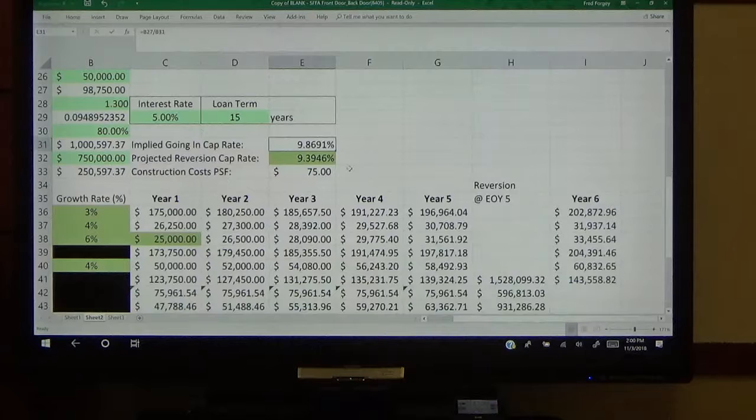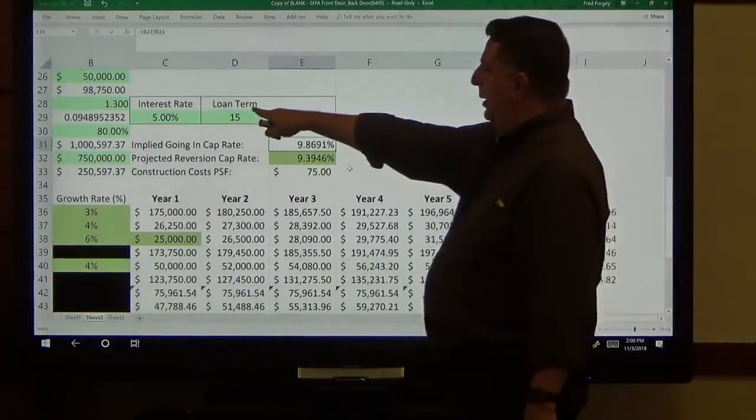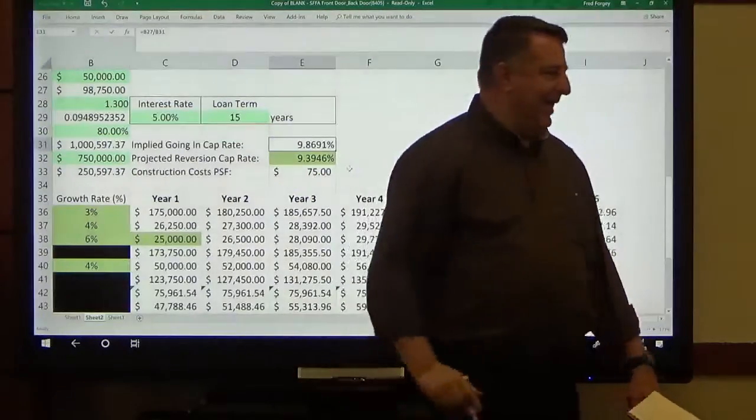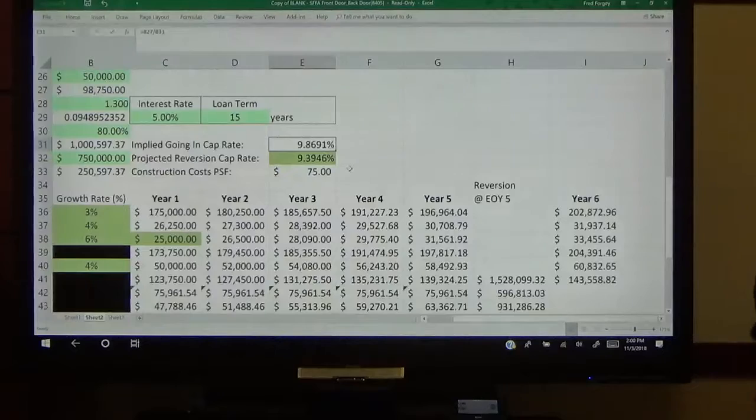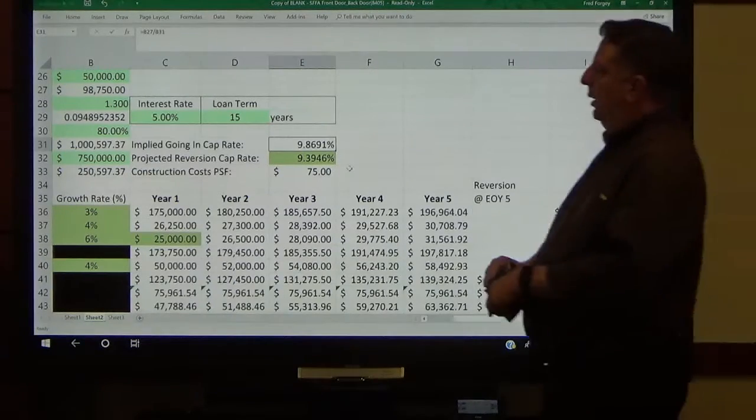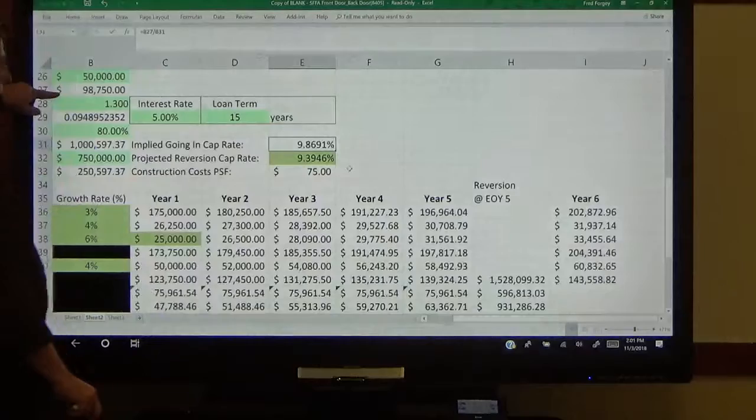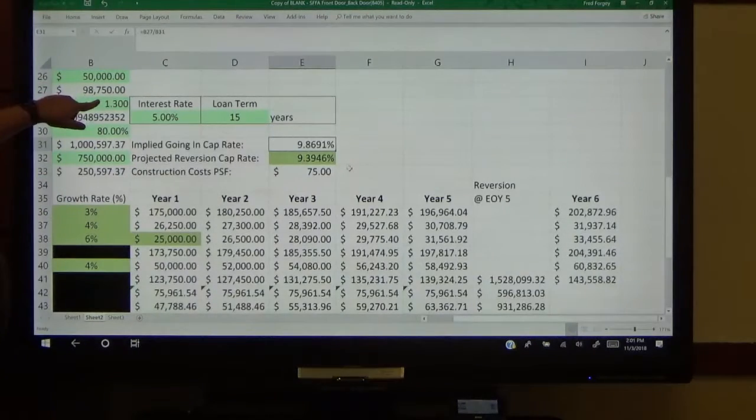Now, what we know is our net operating income on this property is $98,750. Look back at the sheet. What is our net operating income number? It's $98,750.